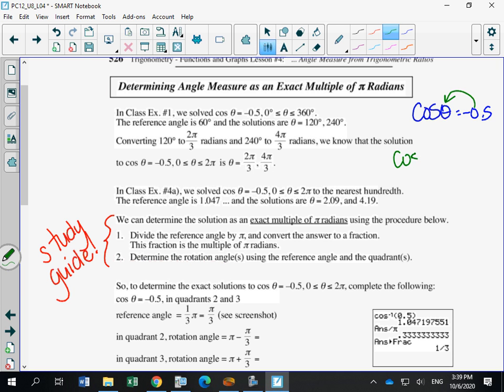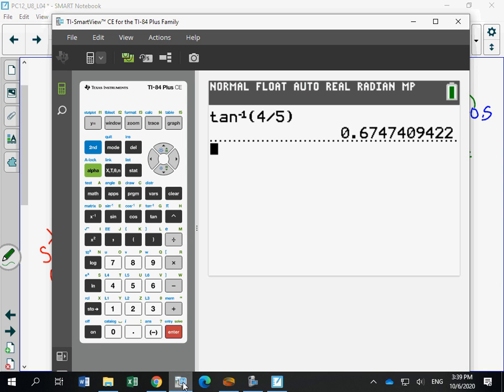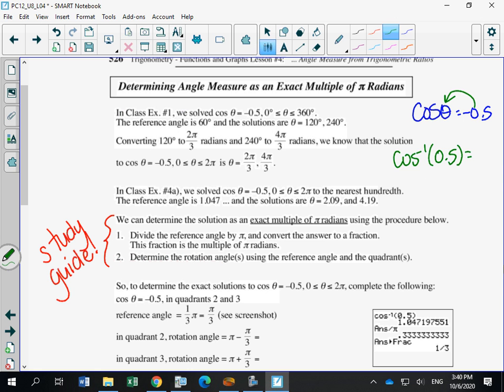So we type in the inverse cos of 0.5, and clear your calculators. Let's put this in. The inverse cos of the absolute value of 0.5 gives us a reference angle of 1.047.